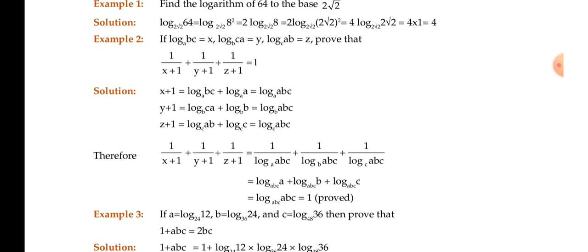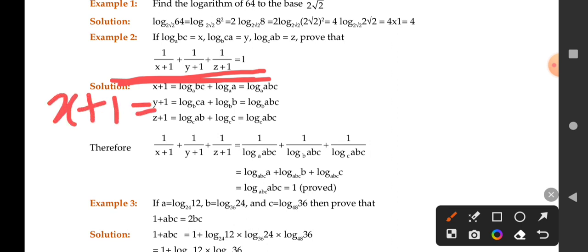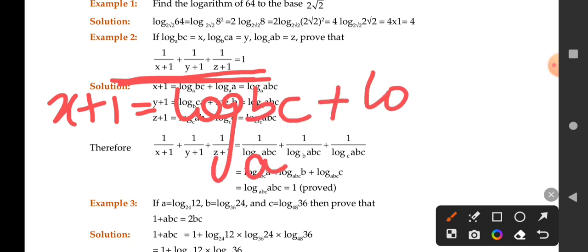Example 2. Okay, so if log bc to the base a is equal to x, so we are asked to prove this one. So x plus 1 is equal to log bc to the base a. 1 can be written as log a to the base a.